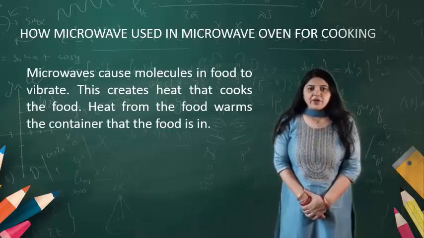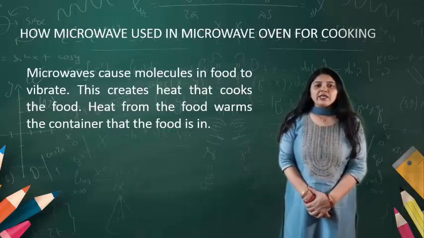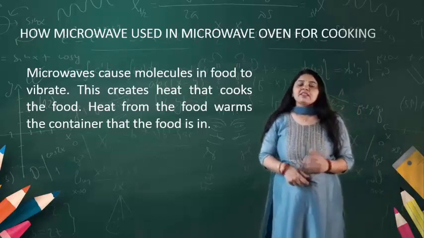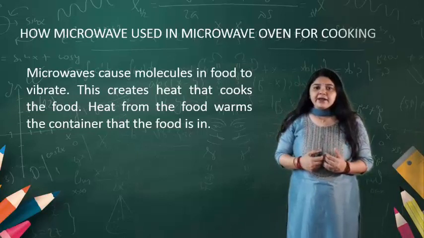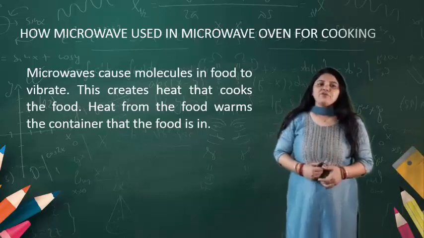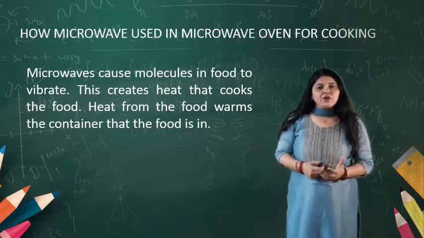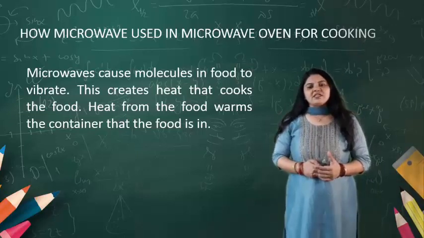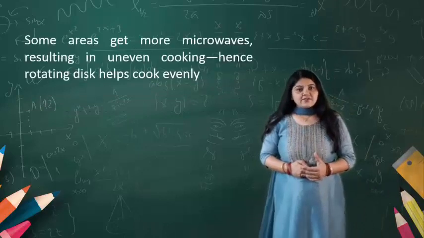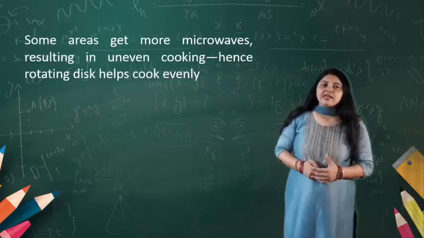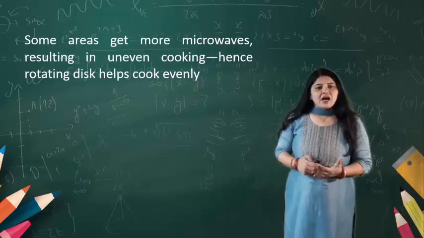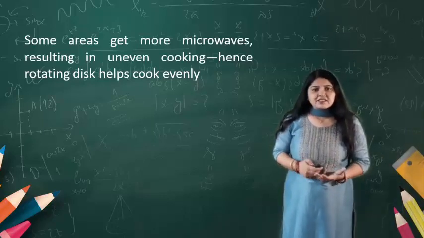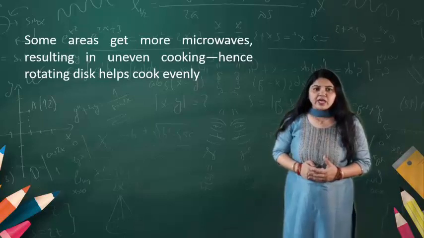The microwaves cause the molecules in the food to vibrate, and this creates heat, which cooks the food. The heat from the food warms the container that the food is in. So this is how the microwaves can be used. Some areas get more microwaves, which results in uneven cooking.